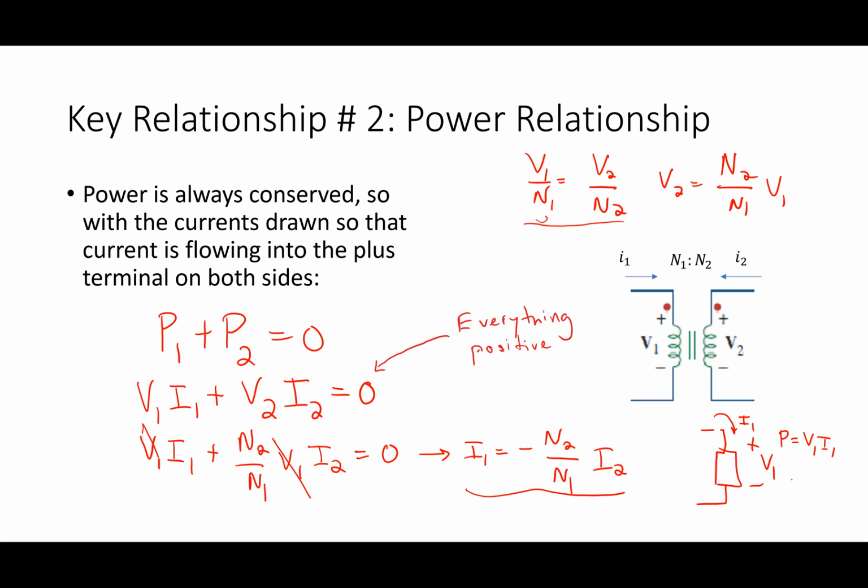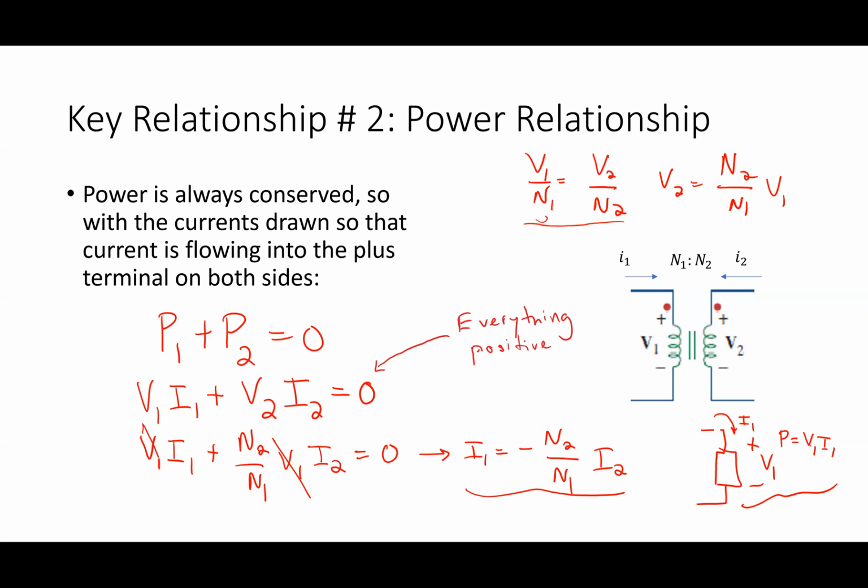In other words, power would be leaving. This basically implies that power is entering. If the current is going out, we would write the power as negative, and that would be a situation where we would say that the power is leaving the device.